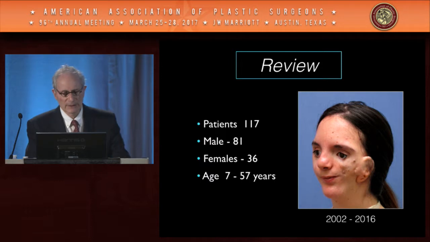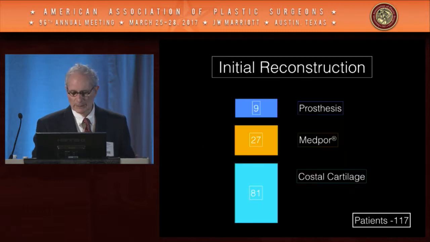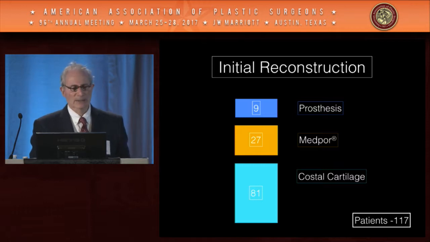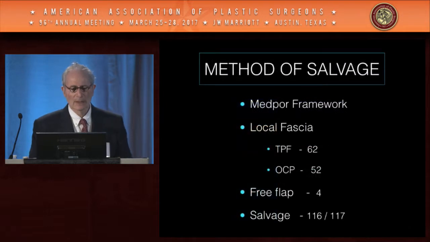We had 117 patients, mostly male, and at the age of surgery, there was a 50-year span. 9 patients had amputation and prosthesis as their initial procedure. 27 had MedPOR as their initial procedure. 4 of those 27 were our own patients, and 81 had costal cartilage, as you would expect, for a total of 117 patients.